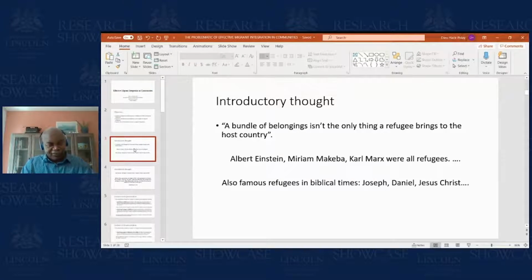And migration also carries on with famous biblical migrants such as Joseph, or Daniel, or even Jesus Christ, who was a migrant at some point.